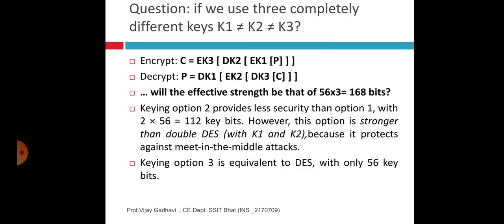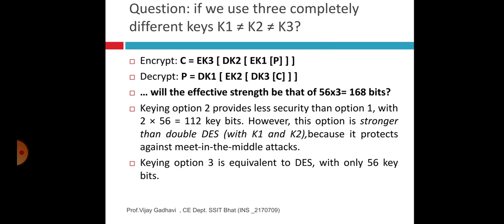Now the first question is, if we use three completely different keys, then what happens? You have to remember these two equations for encryption and decryption. But will the effective strength be that of 56 multiplied by 3, which is 168 bits?